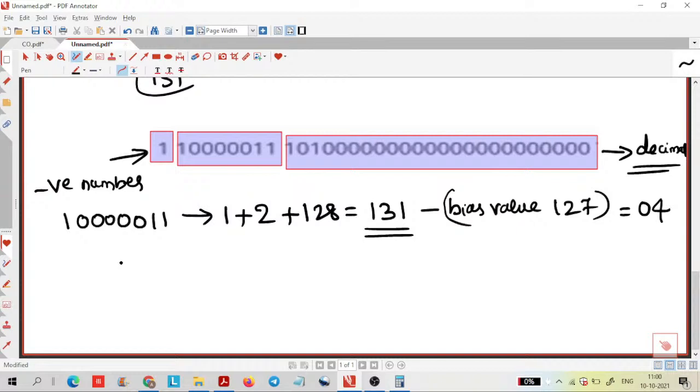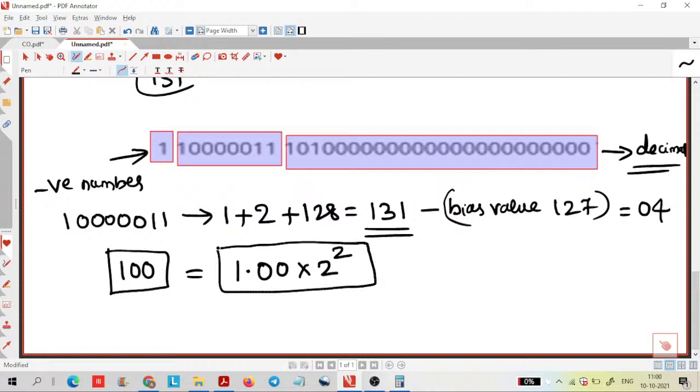So here just write down, this is the binary for the 4, and this we can write in the normalized form. This is equivalent to this one. Okay, there is no difference here. 1.00 into 2 raised to 2, so that is equivalent to this number. So there is no difference between these two numbers.